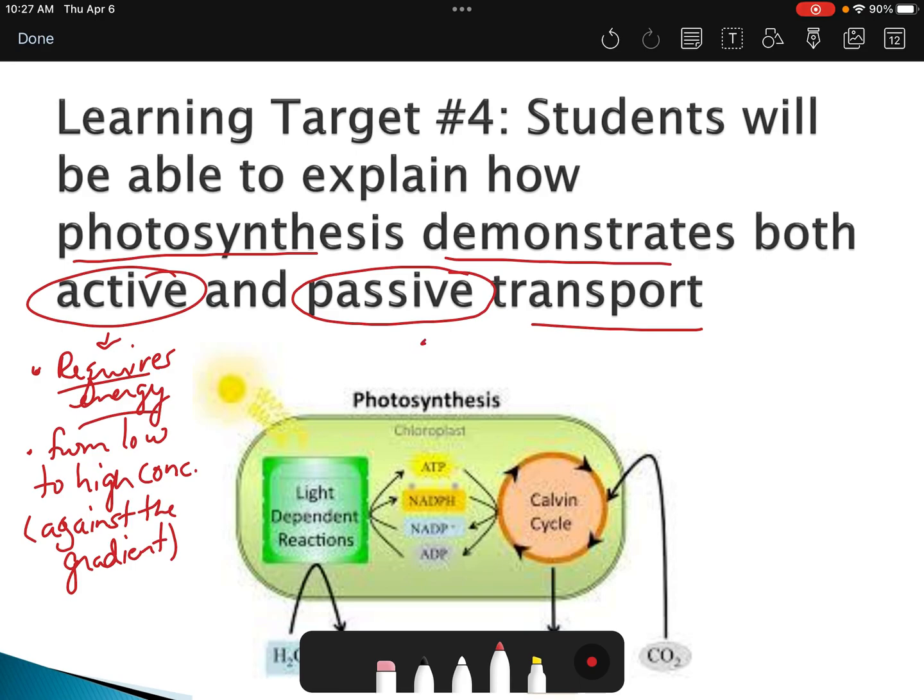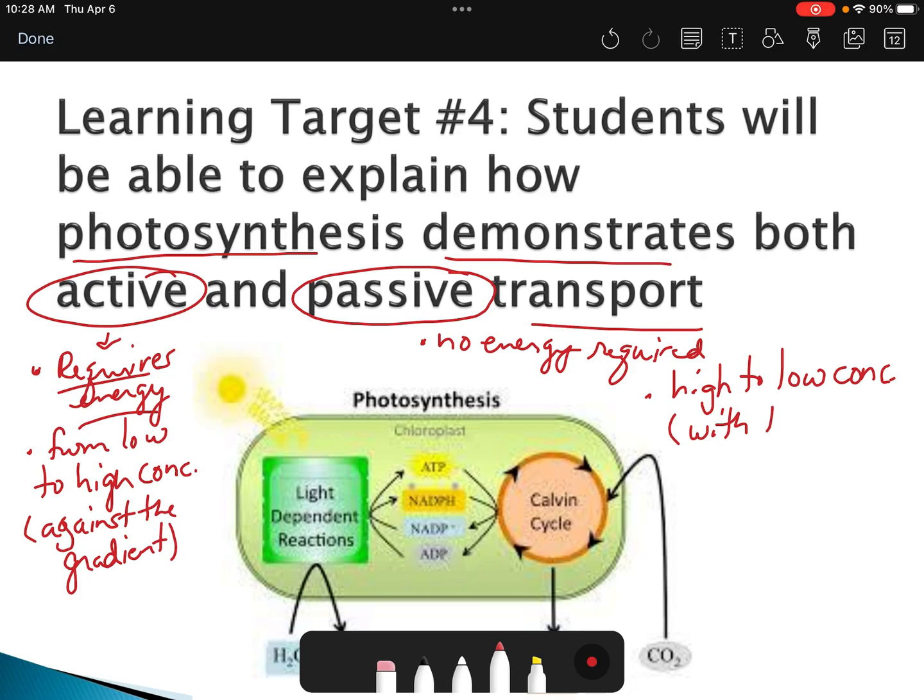Passive transport, no energy required. Moving from high to low concentration, meaning with the gradient. That's why we don't need energy for it.